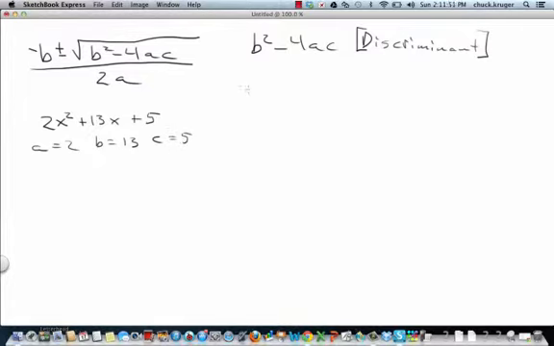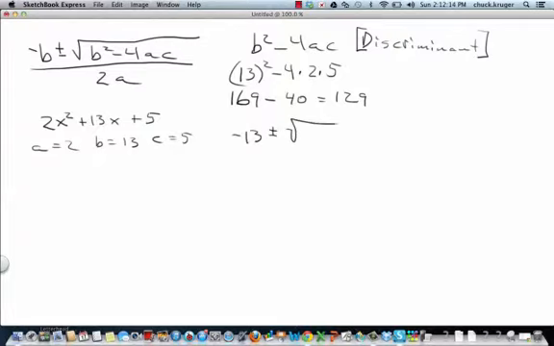My discriminant is going to be 13 squared minus 4 times 2 times 5. This is 169 minus 40, and I get 129. In this case, I'm going to have the opposite of b, which is a negative 13, plus or minus the square root of 129, all over 4, which is 2 times 2. Which means I have two roots.